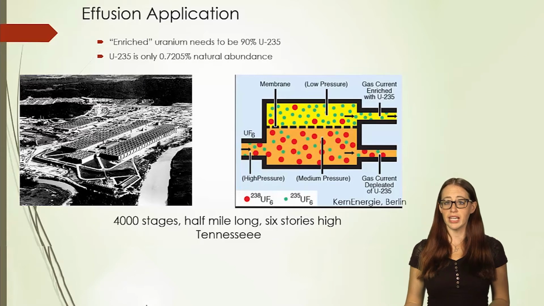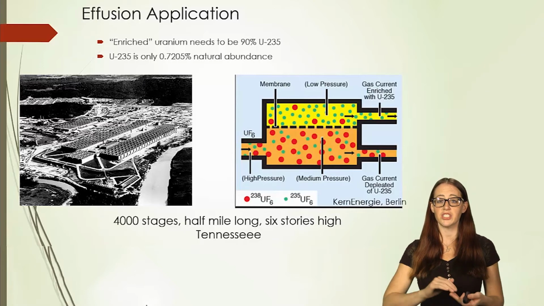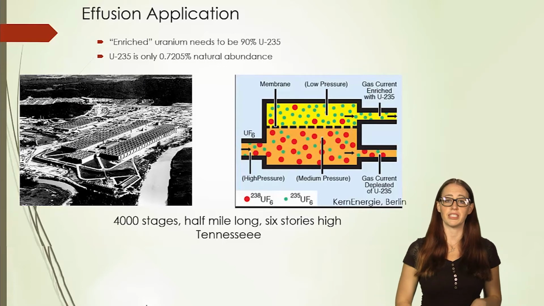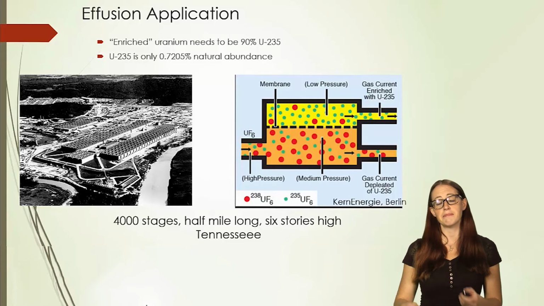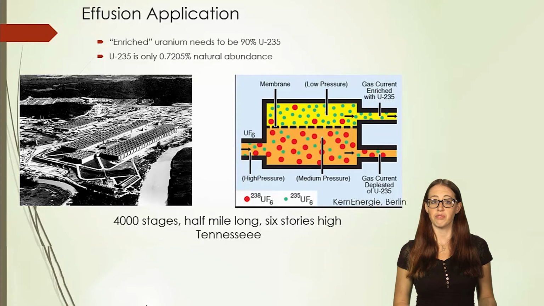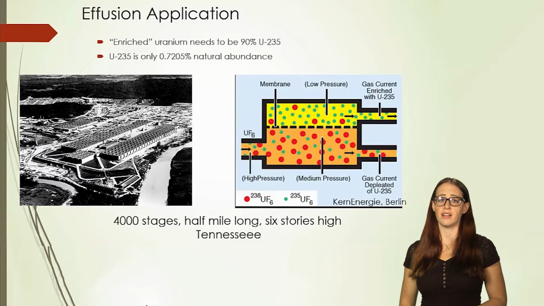Since uranium-238 is going to effuse slower than uranium-235, if we can actually turn this into uranium hexafluoride, it's a gas, and we can use the difference in mass to separate the isotopes out by effusion. And this takes many, many, many thousands of stages to be able to actually get this to the right purity. And so here I have one of these facilities pictured. It's 4,000 stages. It's a half-mile long and 6 stories high. And that's in Tennessee. Again, there are other ways of separating this out. This is just one of them.